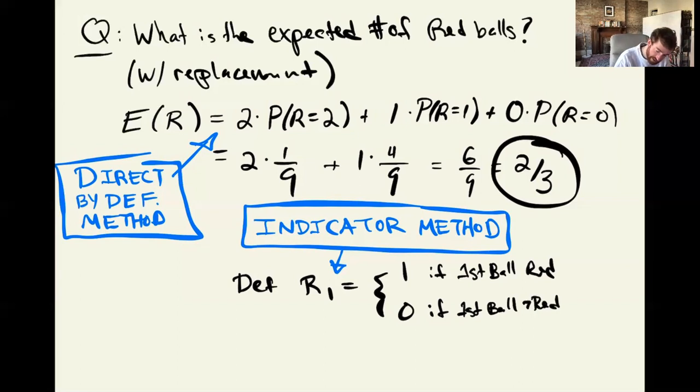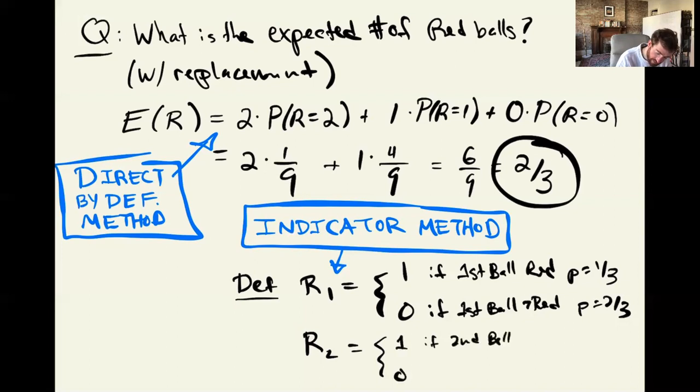Well, we already know that the probability of this happening is 1/3, and the probability of this happening is 2/3, because 2 out of 6 of the balls are red and the remaining 4 are not. So I could define that, and I could also define R2 to equal 1, 0 if the second ball is red.